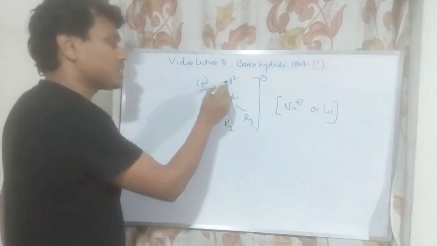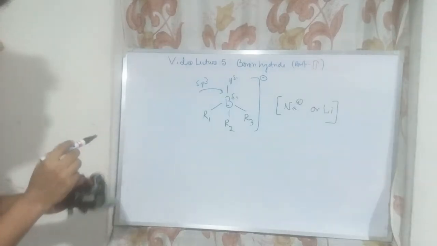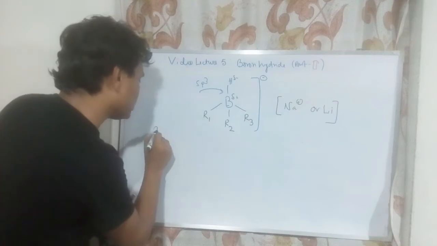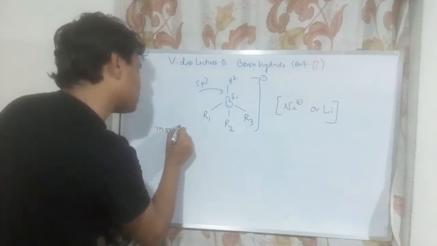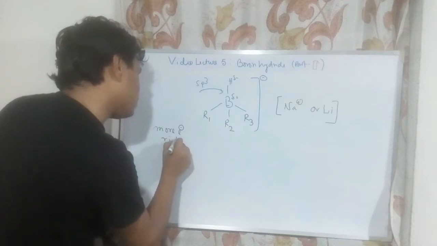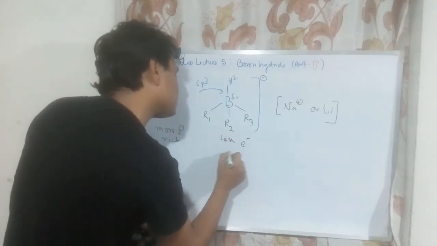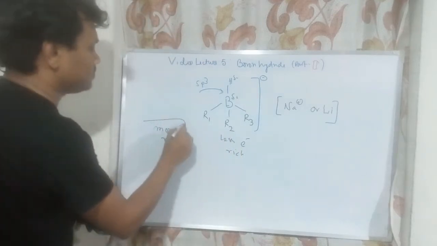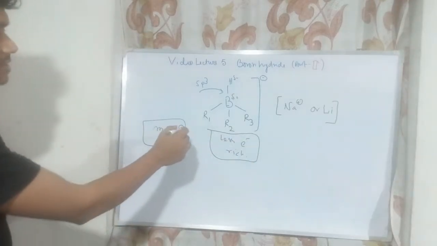And if the negative charge density over this hydride is less, that will be little less reactive. Then how can we make it more electron rich, and how we can make it less electron rich? So simple strategy is to increase the electron density.